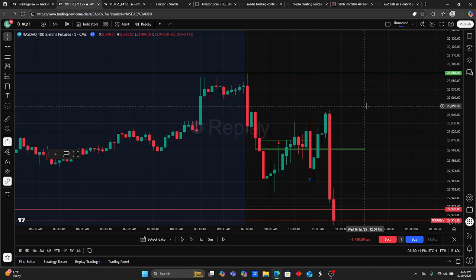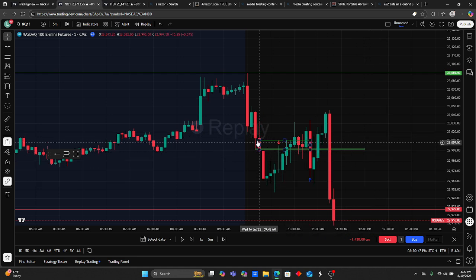Wow. So it's the higher time frame. These 1 minute fair value gaps are not that good. Because technically we had this bigger fair value gap up here.